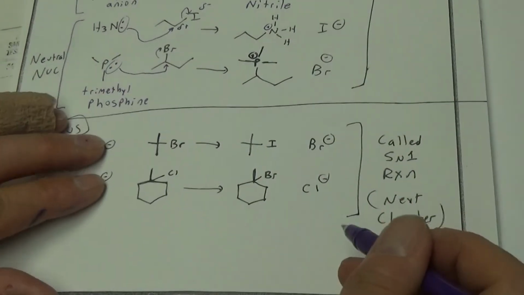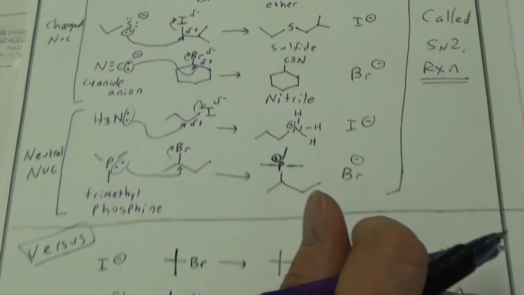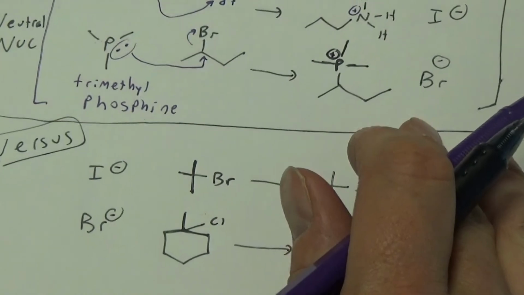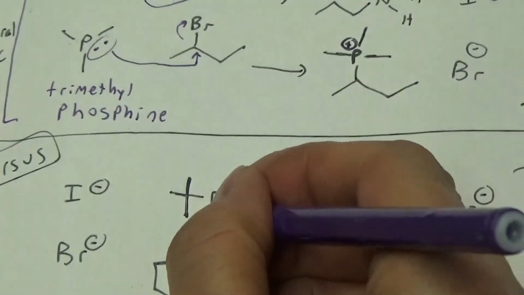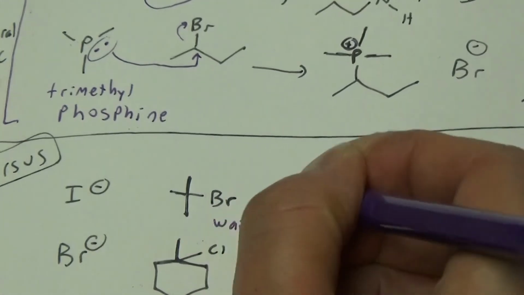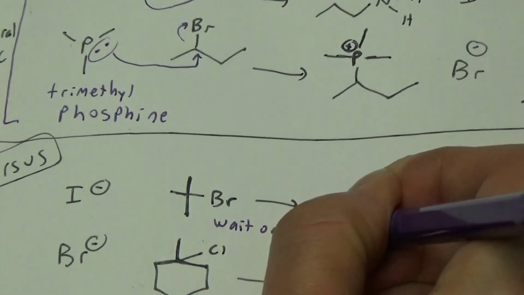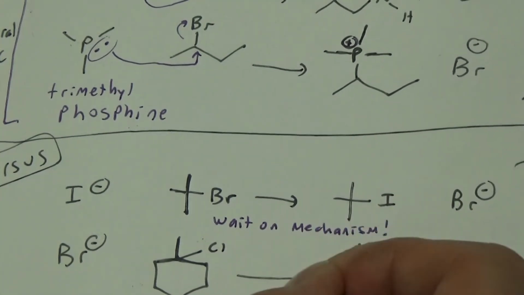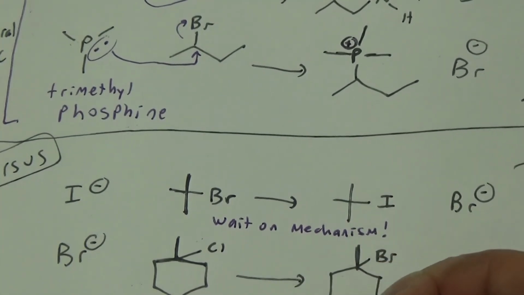And the other thing I'm going to say is, you know how we have our nice little arrows up top for the SN2? Well, these arrows are different. I'm just going to write weight on mechanism. Exclamation point. Weight on mechanism.